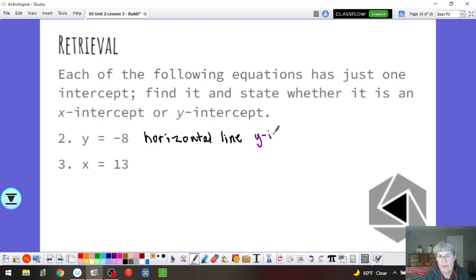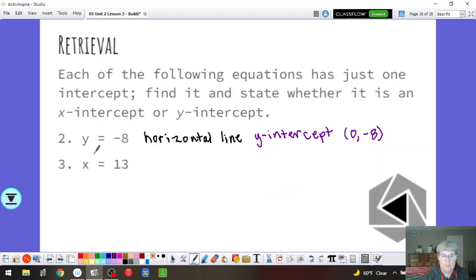So we have a y-intercept at (0, -8), because as we mentioned on the previous screen, when you have a y-intercept, x is 0. And since every single point needs to have -8 as its y value, we know it's going to be -8.